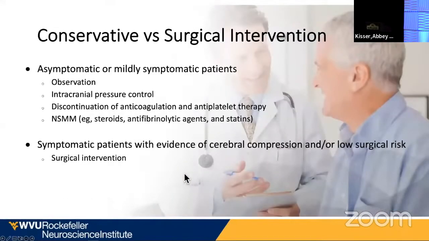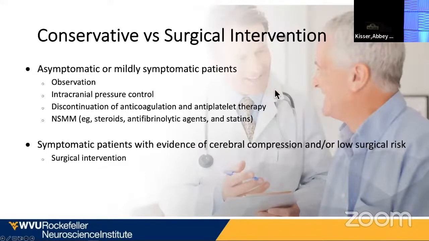And the decision for conservative versus surgical really is dependent on the patient's symptomatology and presentation, with a conservative approach for relatively mild symptoms or asymptomatic patients, and treatments involving discontinuation of anticoagulation and antiplatelet therapy, which are important considerations in the elderly, as there is a host of comorbid conditions such as atrial fibrillation that require these treatments, and stopping these therapies can be harmful in other ways.